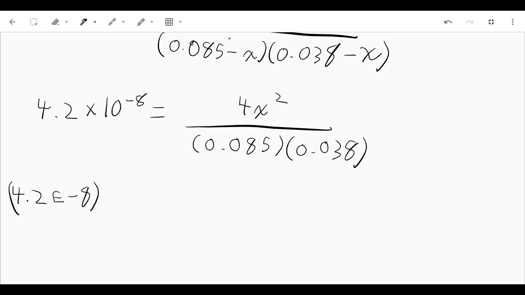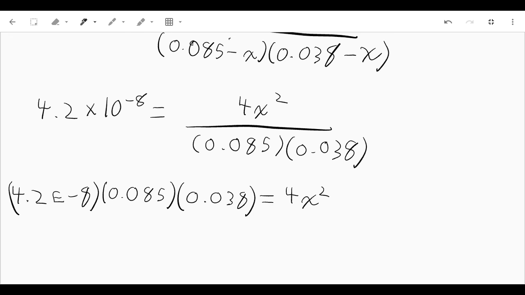Remember, the capital E is short for times 10 to the power of. So we have 4.2 times 10 to the power of negative 8 times 0.085 times 0.038. That is going to be equal to 4x squared.